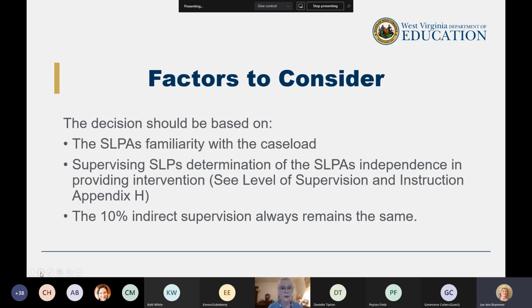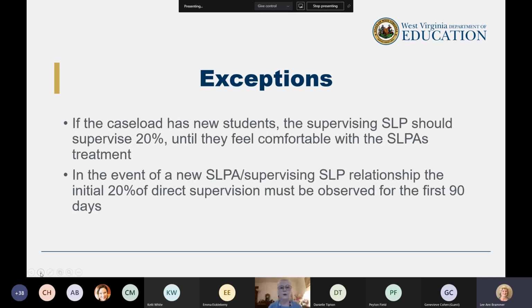And I highly recommend that you use this level of supervision and instruction form to really objectively look at the SLPA's independence in the areas that basically are represented on their caseload. But remember, the 10% indirect always remains the same. ASHA recommends it too. You're going to be responsible for those students, and so you need to be aware of what's going on.